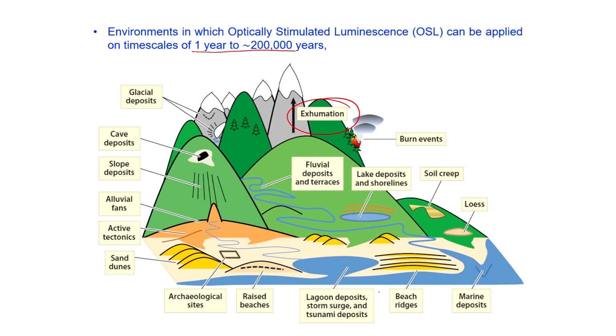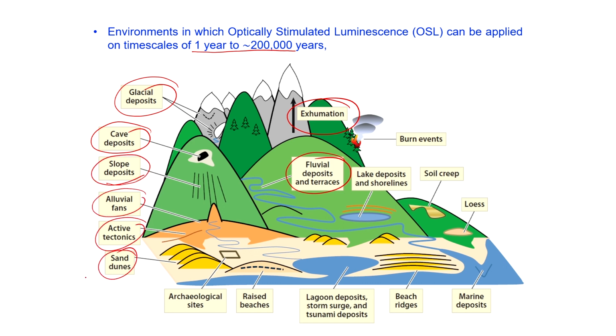This is mainly the coastal environment. In the fluvial environment also you can use this. And even the glacial deposits, and the dissolution activity areas where you have caves. Slope deposits, mainly landslides and all that. Alluvial fans, active tectonics, sand dunes, you can talk.